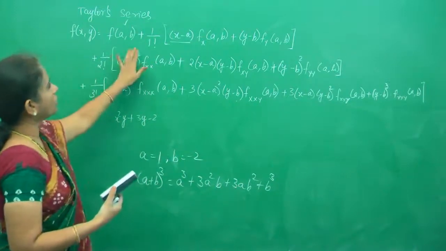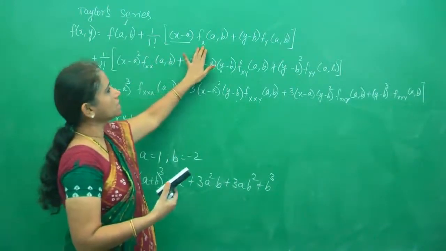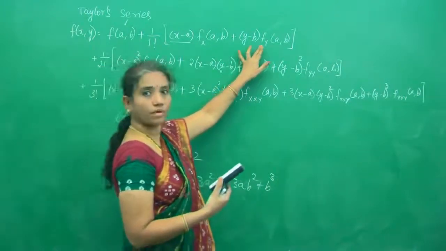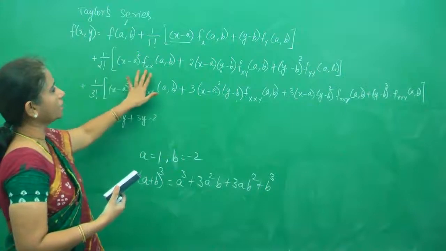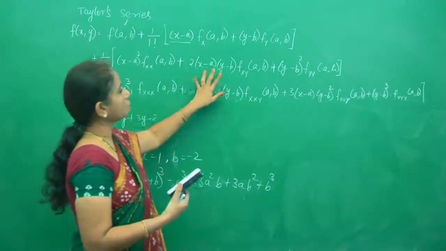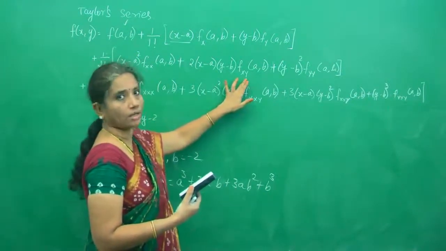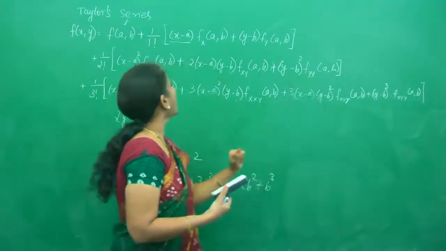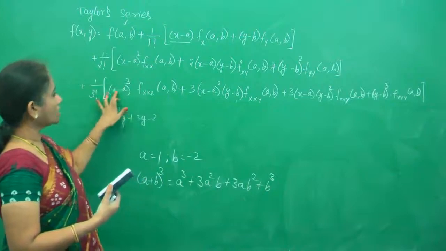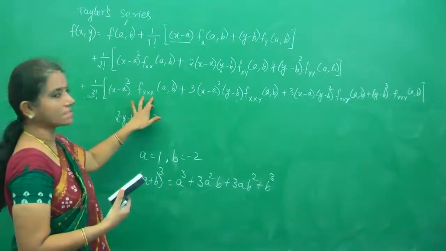Okay, now how do we memorize this part? The first one is fx of ab, fy of ab. Then when x square is there, it will be xx. When xy is there, it will be xy. When y square is there, it is yy. And how do you memorize this? X cube is there, so xxx 3 times.